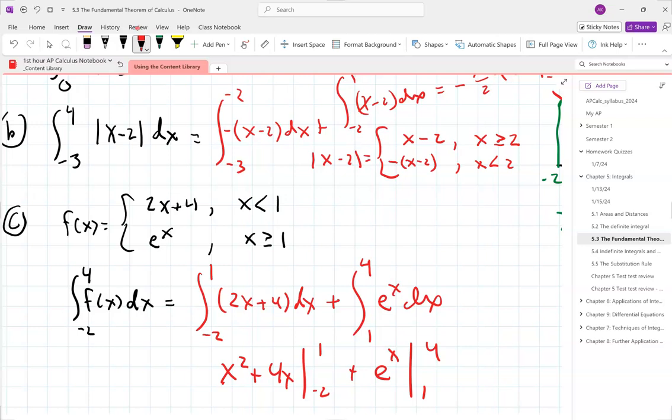Okay. I have for you guys some practice stuff. These are just AP style questions of using the fundamental theorem of calculus. Just help us practice on this. I have, remember, it's 6 or 7 questions here.